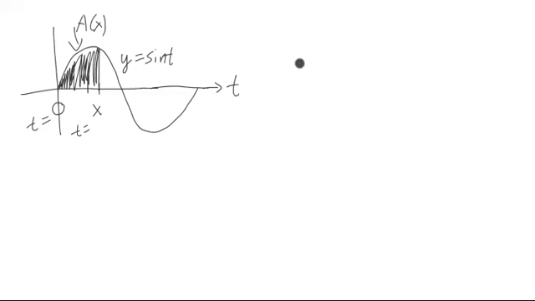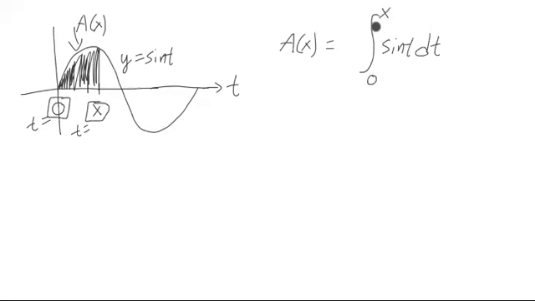Okay, so notationally, this is what we're going to do. We're going to think of A of x as being an antiderivative. So we're going to borrow the antiderivative notation or indefinite integral notation right here, with respect to, of sine t. But with these specific values, we're finding area from 0 up until x, so we're going to append them right here, 0 and x.